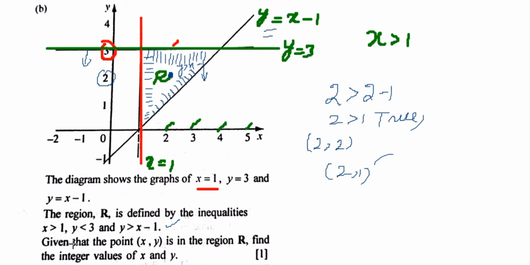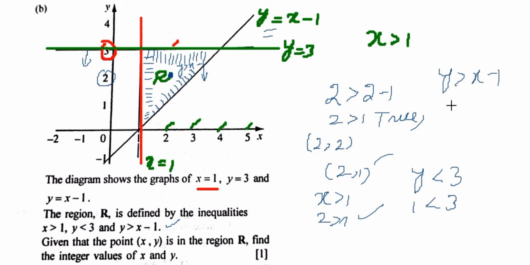If you put x is equal to 2, y is equal to 1 in the first inequality, x greater than 1, 2 is greater than 1, this is true. If you put this point in the second inequality, that is y less than 3, your y in this point is 1, 1 less than 3, this is also true. If you put this point in the last inequality, that is y greater than x minus 1, you put y is equal to 1 and x is equal to 2, 2 minus 1, 1 is greater than 1, is this true?